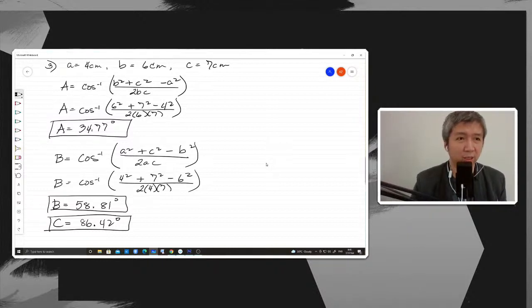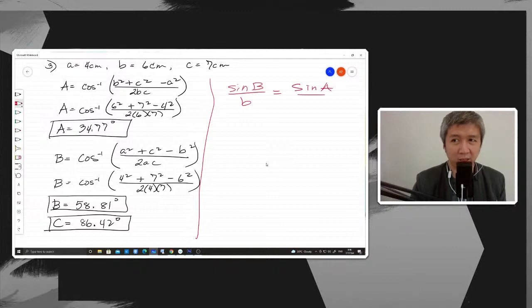Hey, I just want to try something. After we find the angle A, I want to try if I use sine B over B equals sine A over A, if I will have the same answer. So B is equal to, shift sine 34.77 degrees times B is 6 all over A is 4.